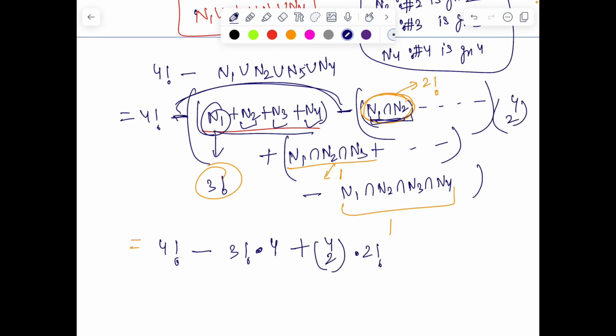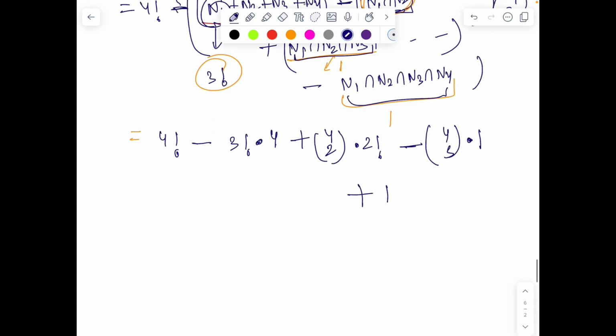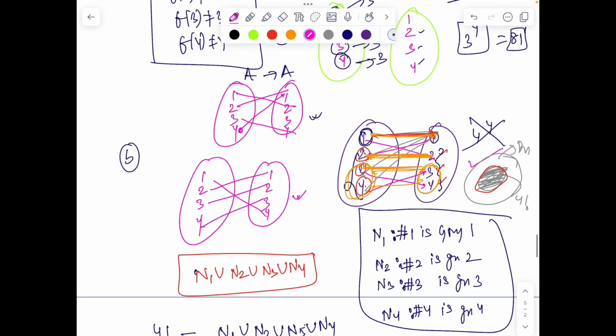Out of 4 terms, I have to select 2 of them, 4C2, so which is 4C2 into 2 factorial. Now again minus, how many terms are there having 3 elements? Out of 4 we choose 3, and that count is 1 for each, and we have the last plus, and that gives the answer 9.